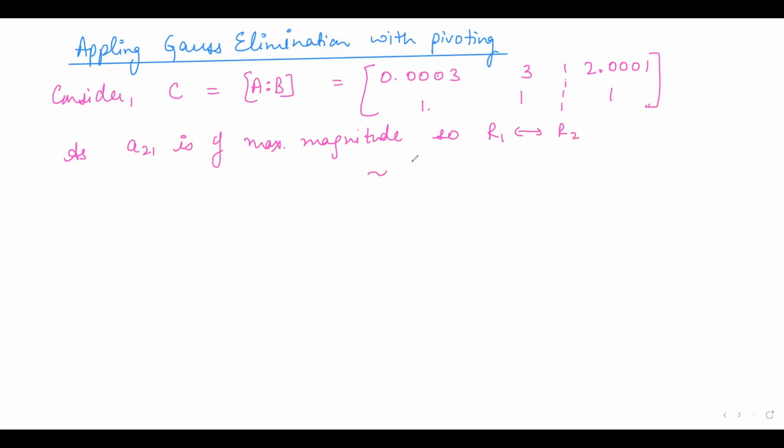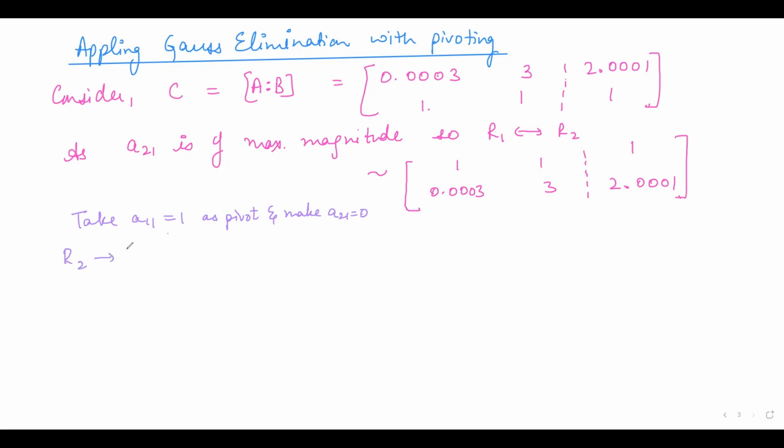So we'll get 1, 1. Now we'll take A11, that is 1, as the pivot and make A21 equal to 0. For that, the elementary row operation that I'll choose would be the same.